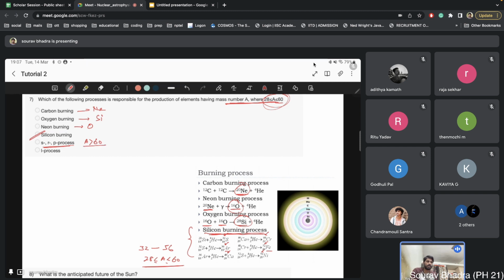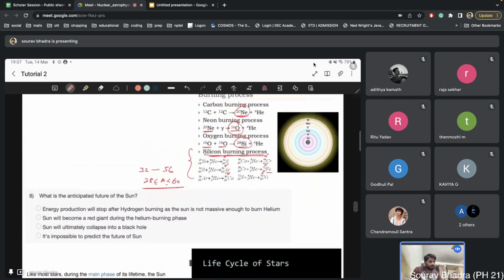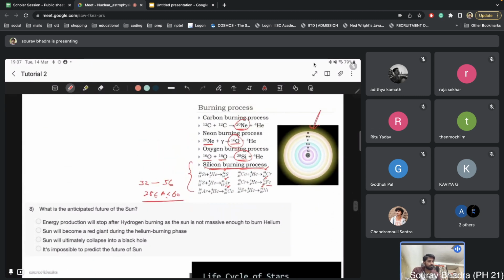That dominates the s, r and p processes. I also forgot the i process, but these are not for 28 to 60. So just try to remember this figure, how burning happens inside a star. It is like a shell-type structure.